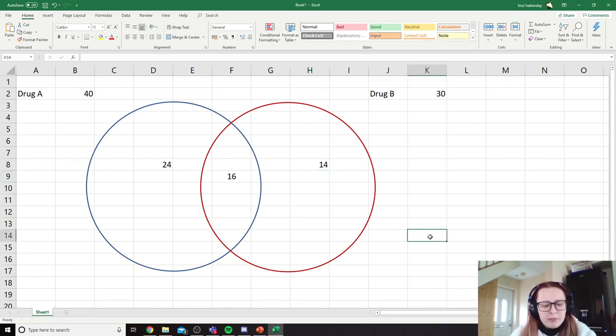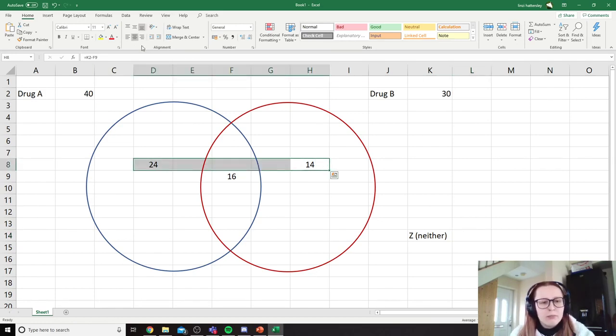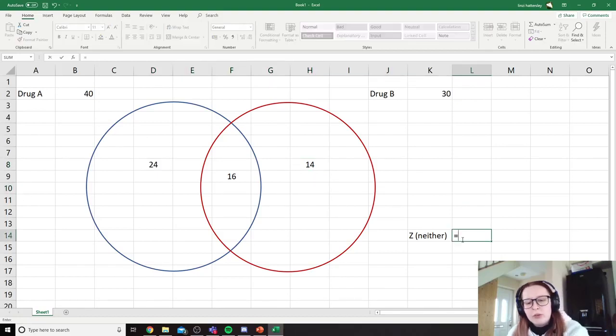Now we need to work out Z. Let's not forget, Z means neither. So how do we work that out? We need to work out how many people actually took part in the drug tests, and that's by using these three values.